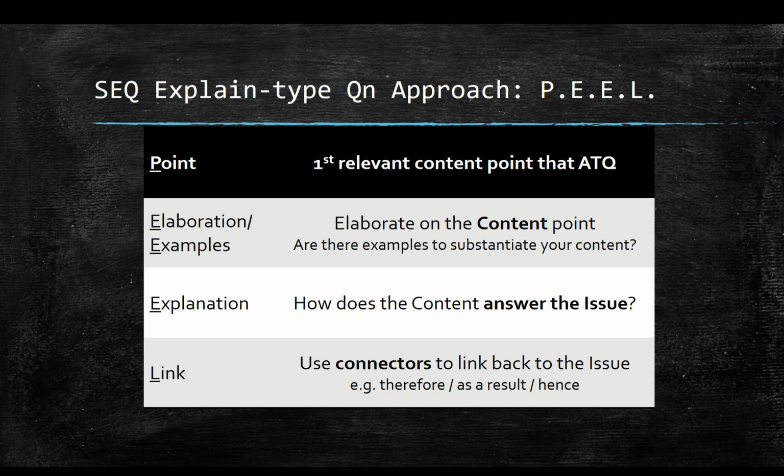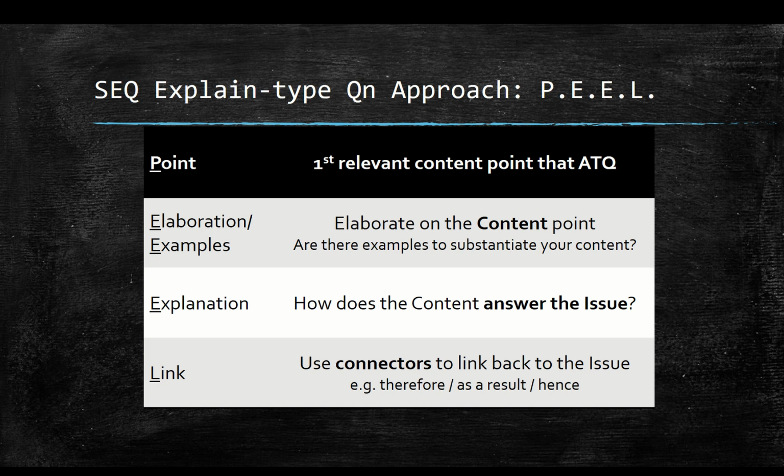So point, the first relevant content point that ATQs. Once you have identified that, you would then elaborate on the content of it. As part of your elaboration, we also do expect you to be able to give examples to substantiate this content.